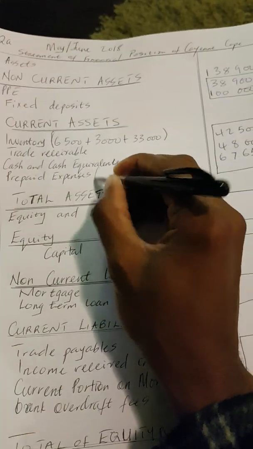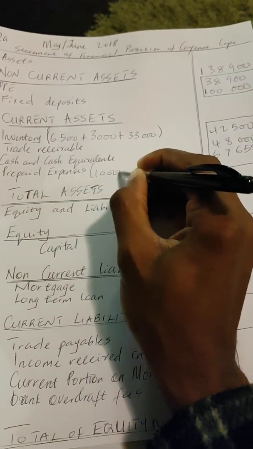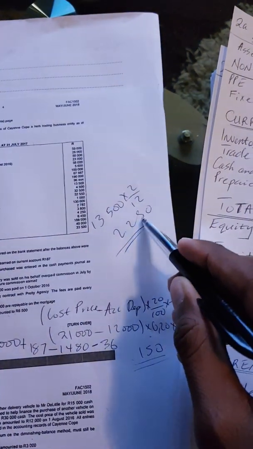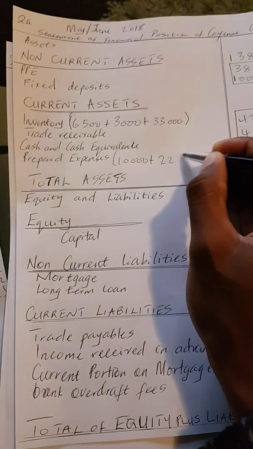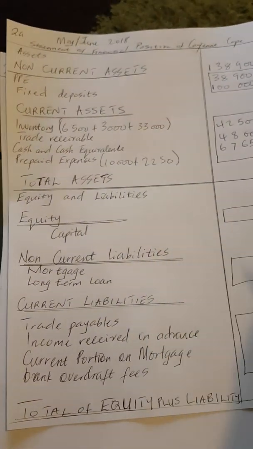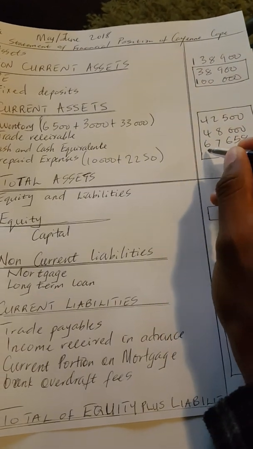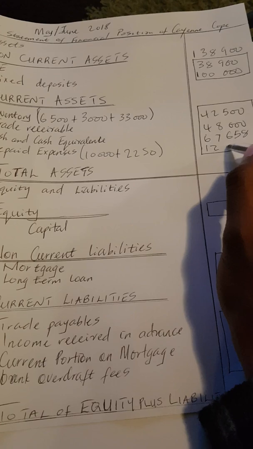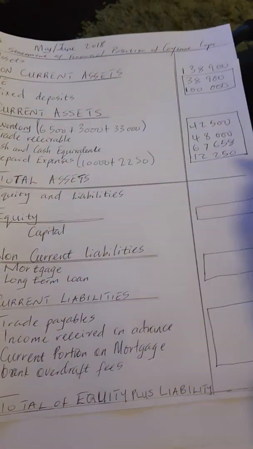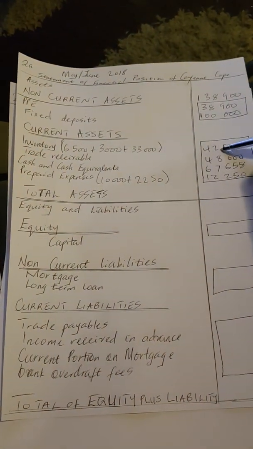So on insurance, you'll say prepaid expense, we have 10,000 plus 2,250. And then how much will you get? You'll get 12,250.